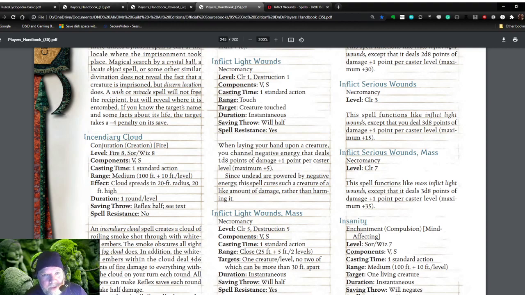So, Inflict Light Wounds is still a first level clerical spell and still a touch. When laying your hands upon a creature, you channel negative energy that deals 1d8 points of damage plus 1 per caster level. Okay, now this is what I'm thinking of. Since undead are powered by negative energy, this spell cures such a creature of a like amount of damage rather than harming it.